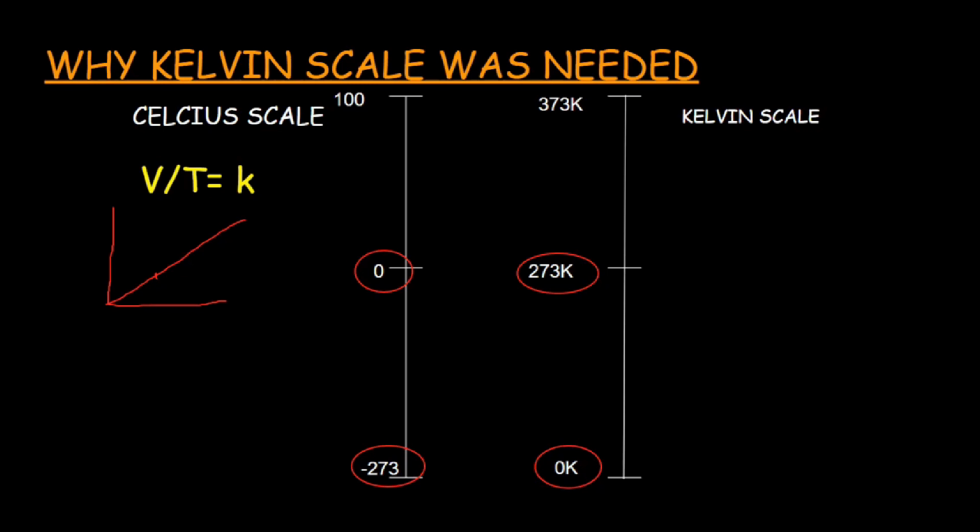So let's prove by an experiment that Charles' law doesn't hold for Celsius scale but only for the Kelvin scale. Or if you are going to prove Charles' law with the Celsius scale, you have to introduce a factor of 1 by 273. Let's prove it by an experiment.